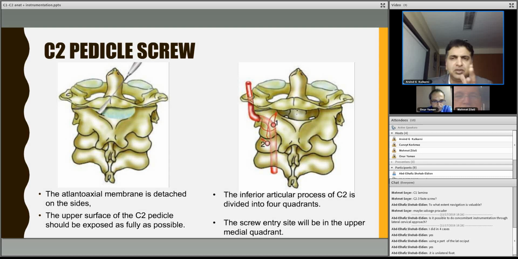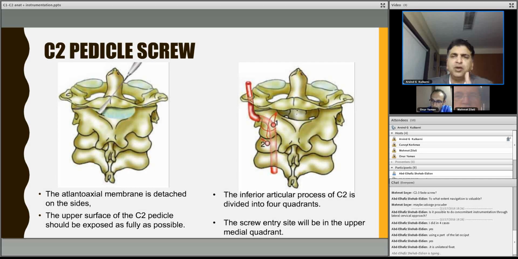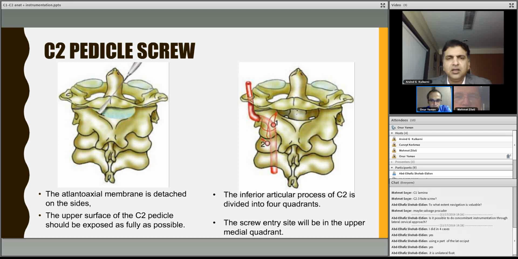Again, you need to study the pre-op images, or if you are using navigation, that will take you where you need to go. So you divide the pars into 4 areas: superior-medial, superior-lateral, inferior-medial and inferior-lateral, into 4 quadrants. The entry point for the C2 pedicle will be the upper medial quadrant, angling about 20 to 25 degrees.